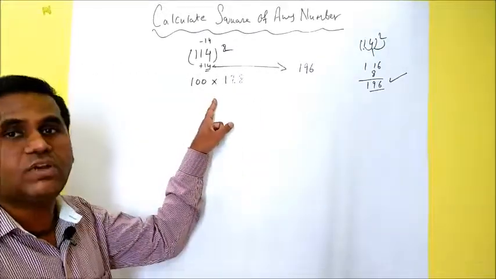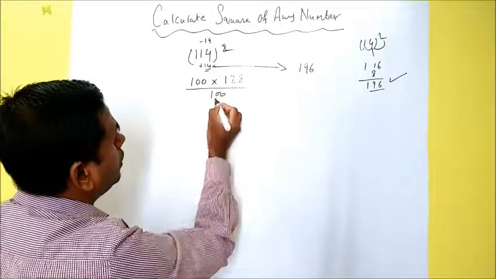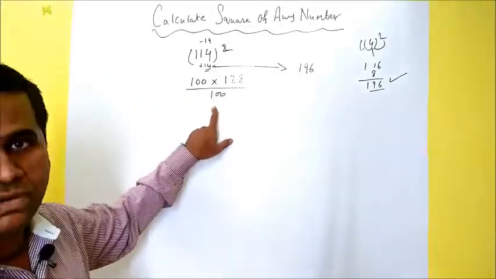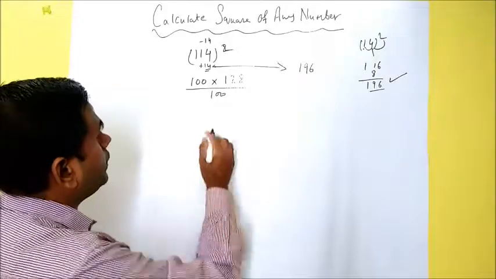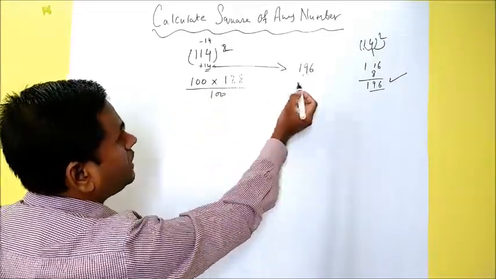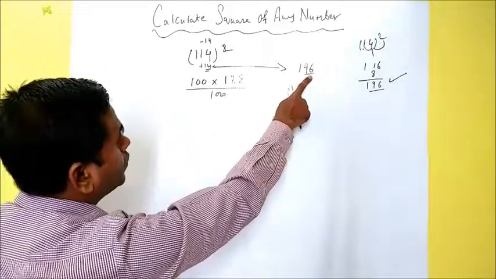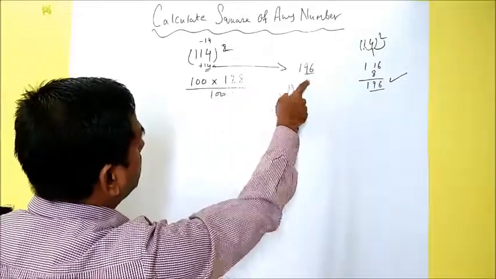Now in this expression we have to cancel the zeros. To cancel 100, I have divided by 100. Now however many zeros you are cancelling, you can take that many digits from this square, 14 square, 196.